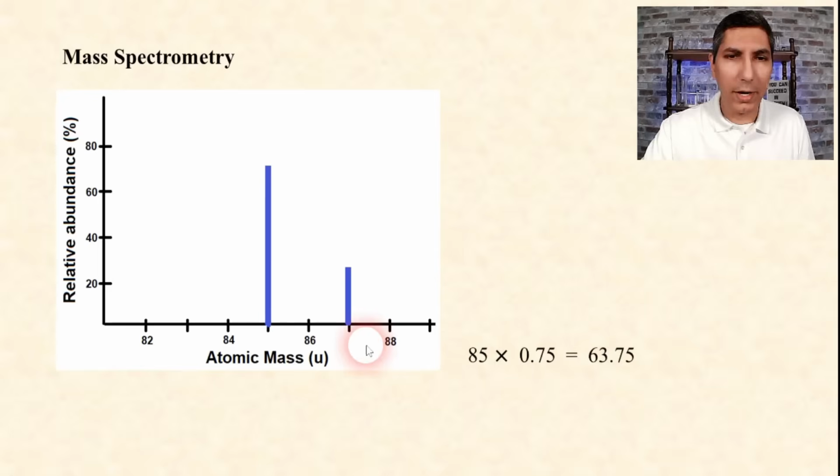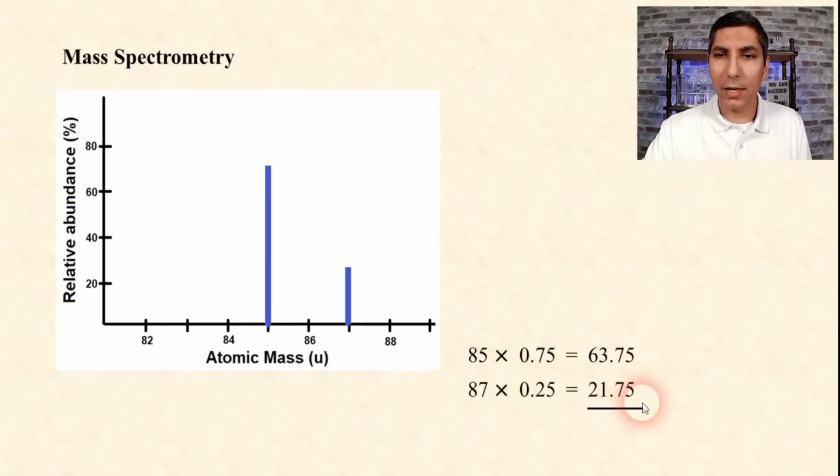Do the same thing for the other isotope, 87 times 0.25, which is 25%, and you have that product. Then you add those two together, and you find that the overall average atomic mass is somewhere around 85.50. Now, this is an estimate because it's hard to tell exactly how tall these are, but this is a really good estimate.